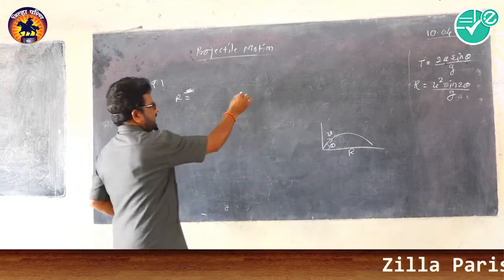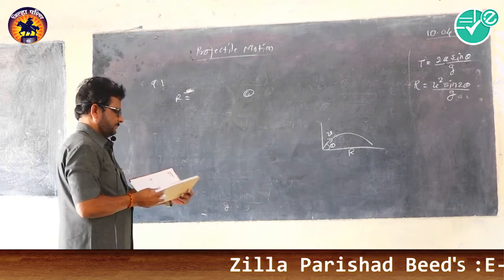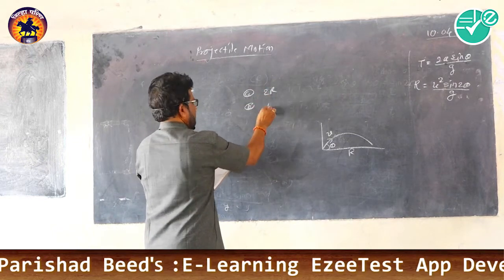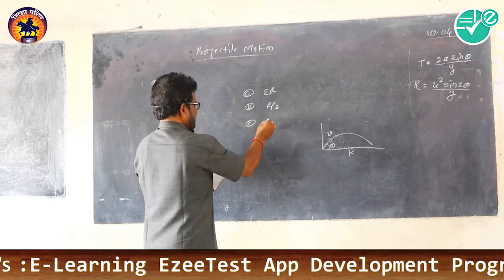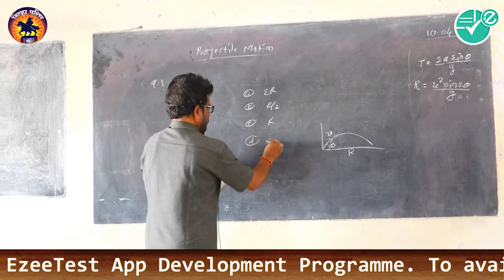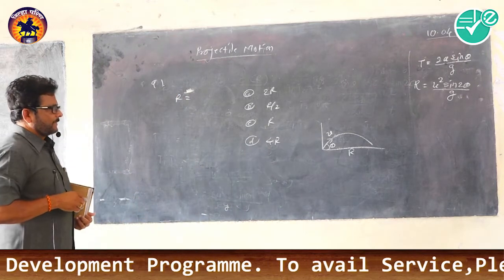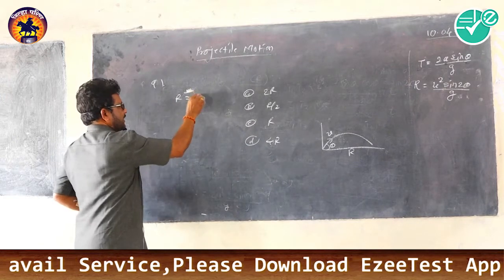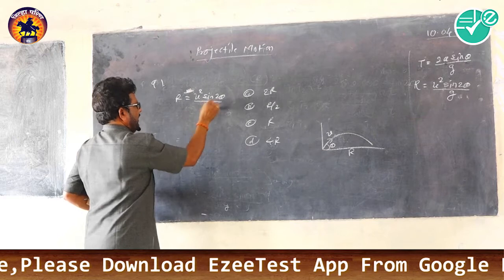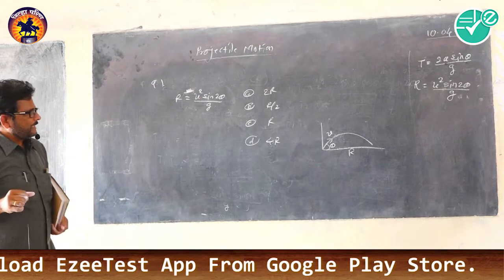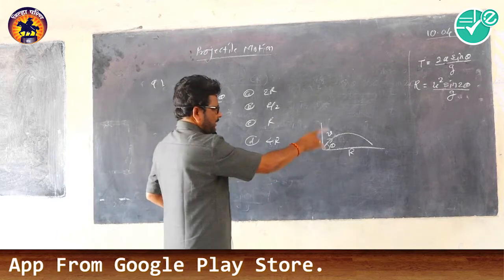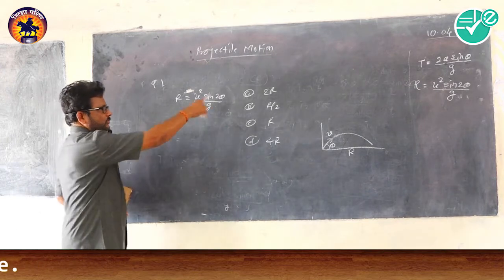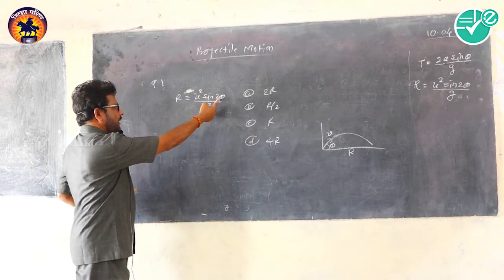The options will be like this: A 2R, B R by 2, C R, and D 4R. This problem depends upon the range, which we know is u square sin 2 theta upon g. Here there is variation only in range and the initial velocity. Theta is constant. So there is variation between only R and u.